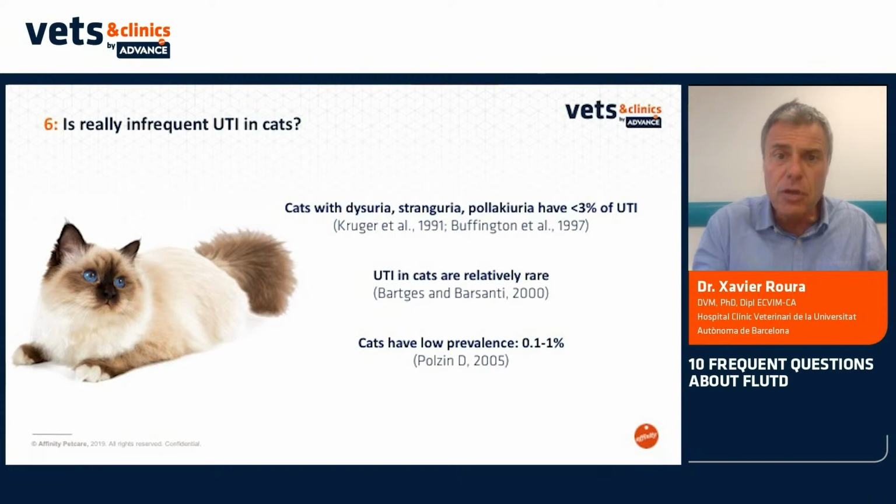Other descriptions talk about urinary tract infection in cats being relatively rare, or even a low prevalence, with a percentage even lower than 3%. So in general, all scientific publications say that urinary tract infection is quite infrequent in cats.